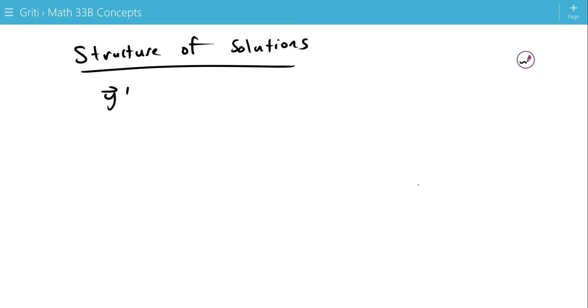Let's say this is our equation, y prime equals A y, and our solutions are going to be in the form y of t equals e to the lambda t v.